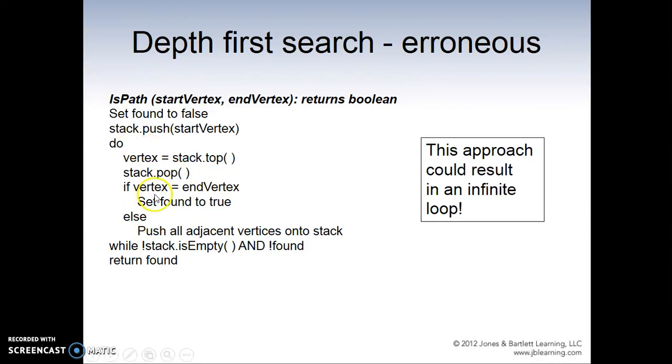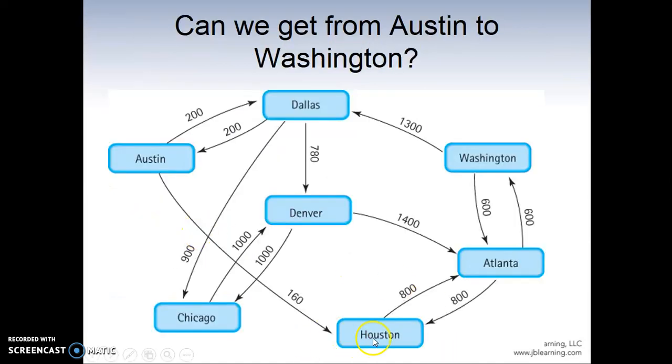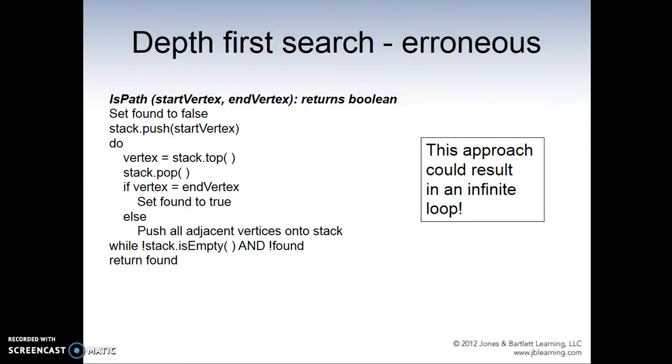We check: does Houston equal Washington? No, then we push the adjacents of the vertex onto the stack. Adjacent to Houston is Atlanta. That's it, Houston's one adjacent is Atlanta. So we push Atlanta onto the stack.